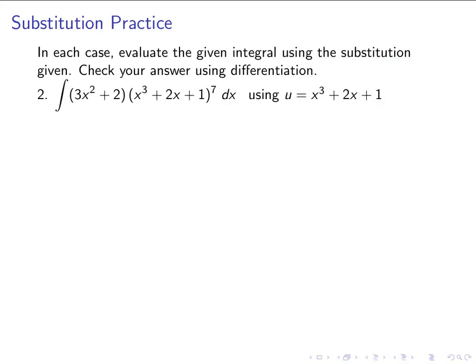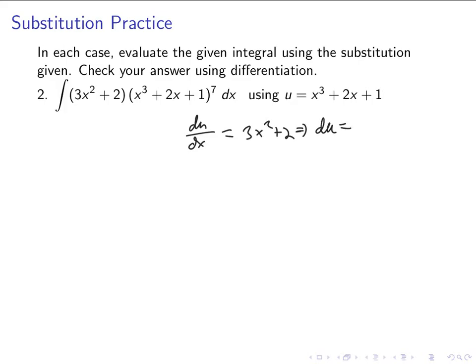All right, here's one that looks more complicated. Again, we're being told what the substitution should be. And so I'm going to follow the same method I did before, where I get a relationship between the differentials du and dx. I do that by finding the derivative of the substitution, so 3x squared plus 2, and then write that as a relationship between the differentials.